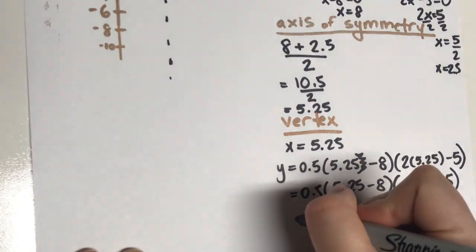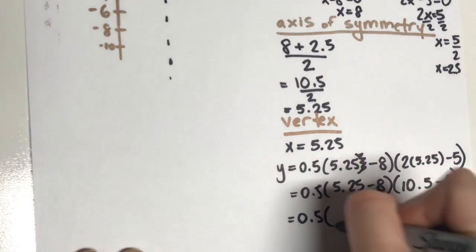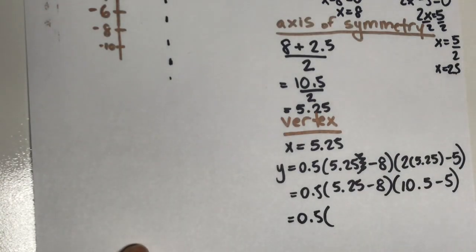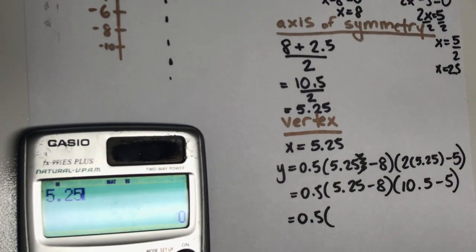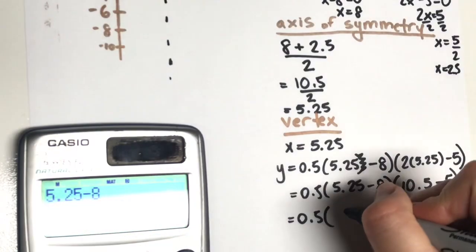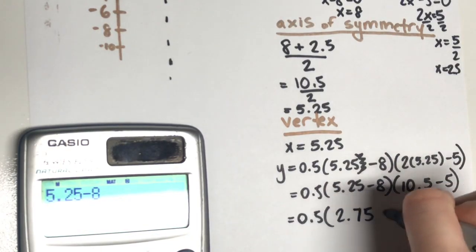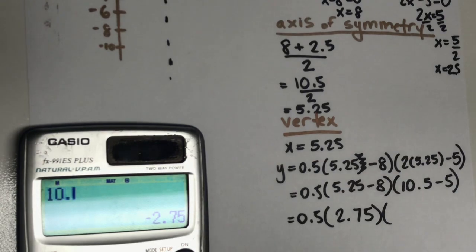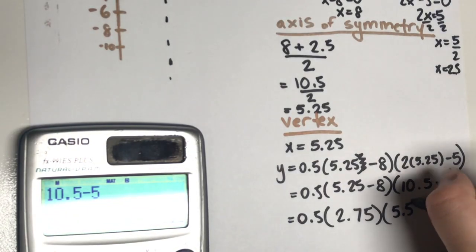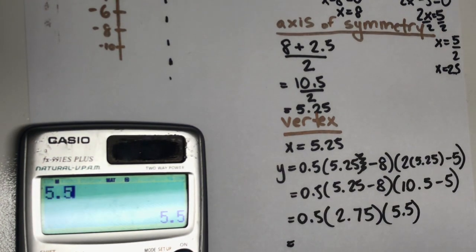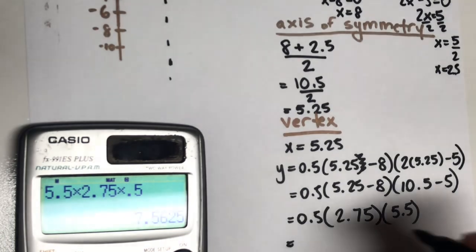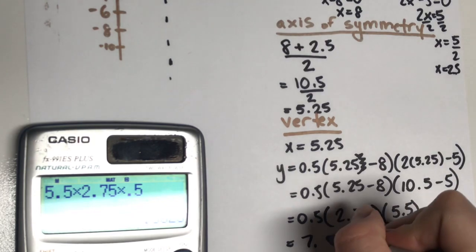And my calculator. So I'm going to multiply it all together, 5.5 times 2.75 times 0.5, and I get 7.6.